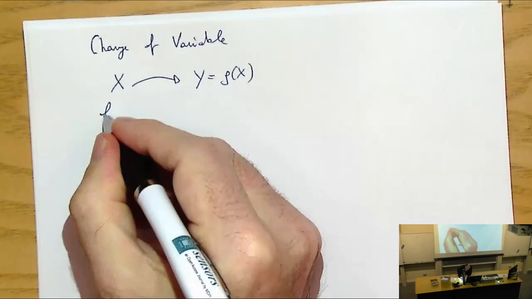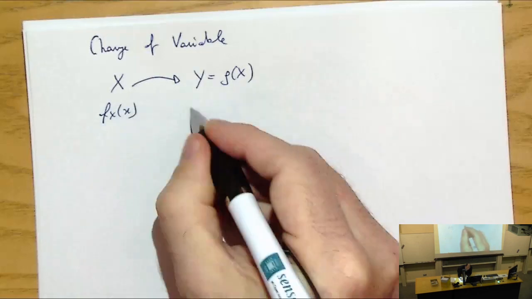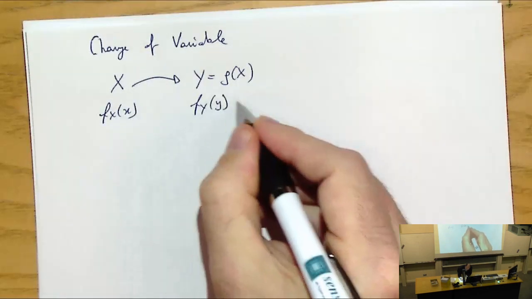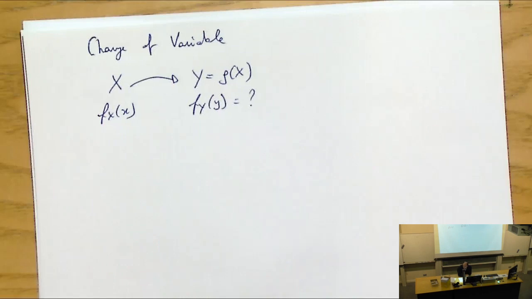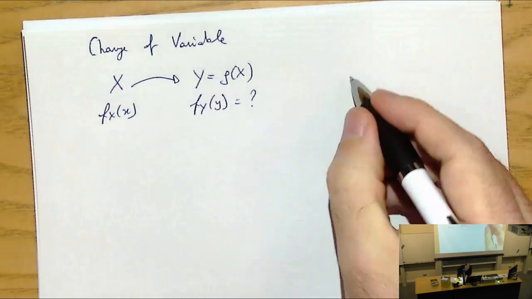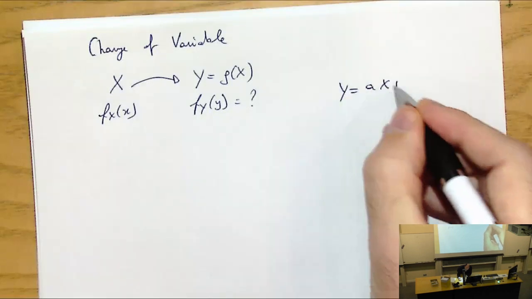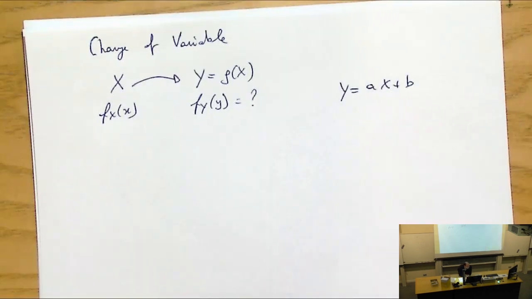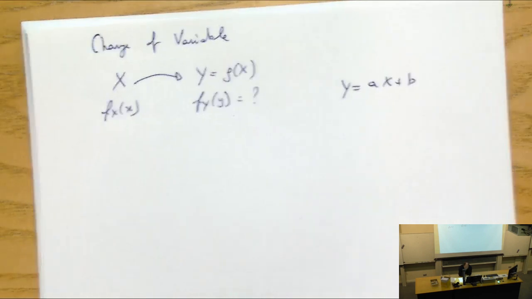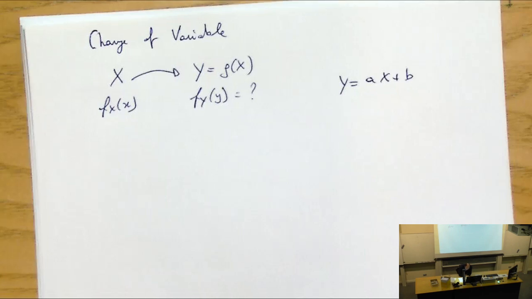And we had a certain probability density function here, and we were interested in that probability density function. For instance, we had y equals ax plus b. We used this, for instance, where we wanted to go from a standard normal random variable to a general normal random variable.